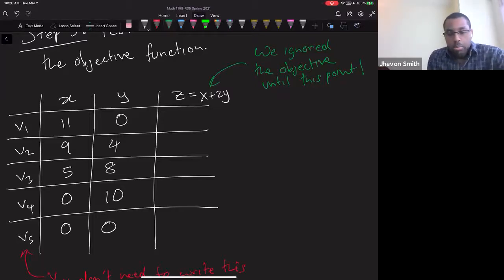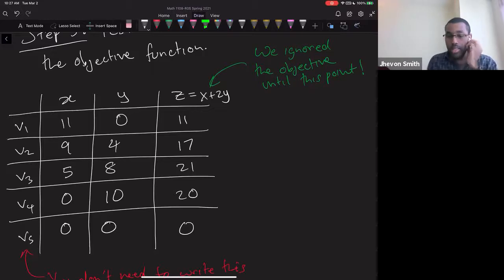Plug in X equals 11, Y equals 0 into X plus 2Y, I would get 11. If X equals 9 and Y equals 4, I would get 9 plus 8, which is 17. If X equals 5 and Y equals 8, 2 times 8 is 16, plus 5, 21. X equals 0, Y equals 10 would give me 20. If X equals 0 and Y equals 0, that would give me 0.